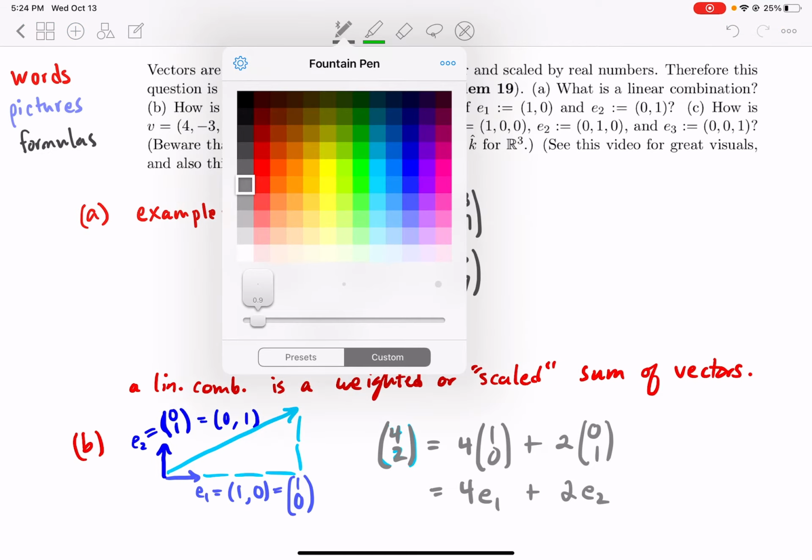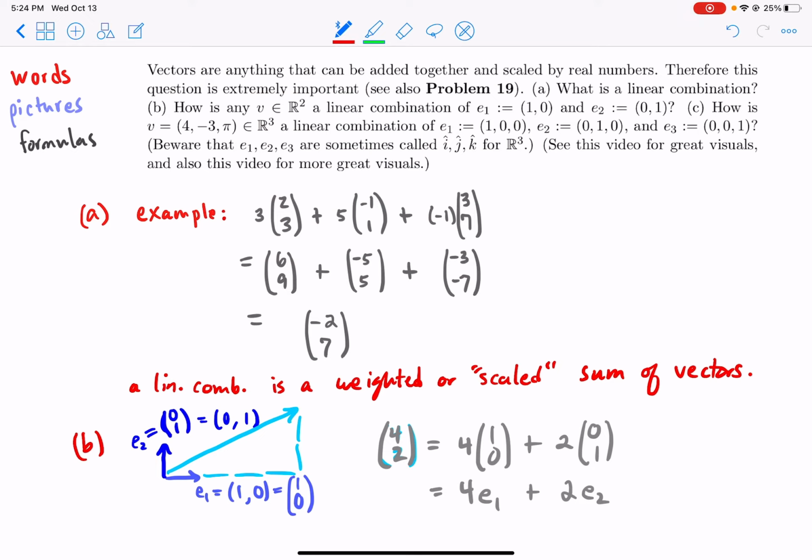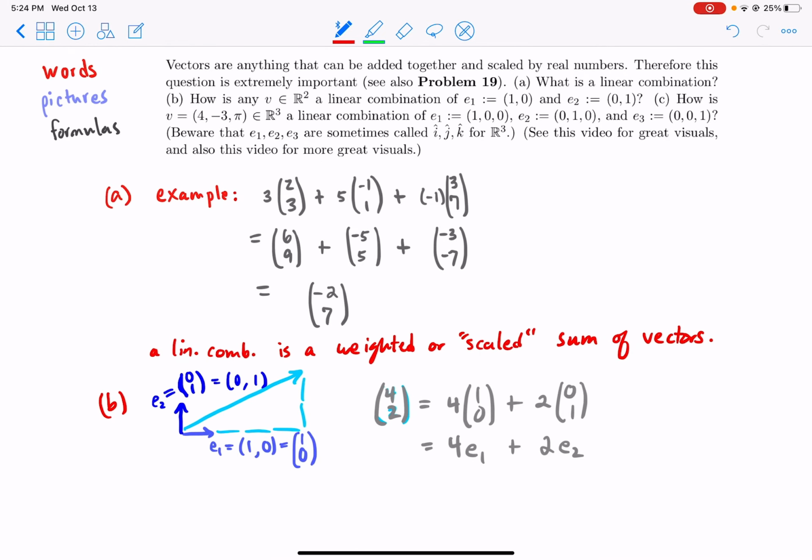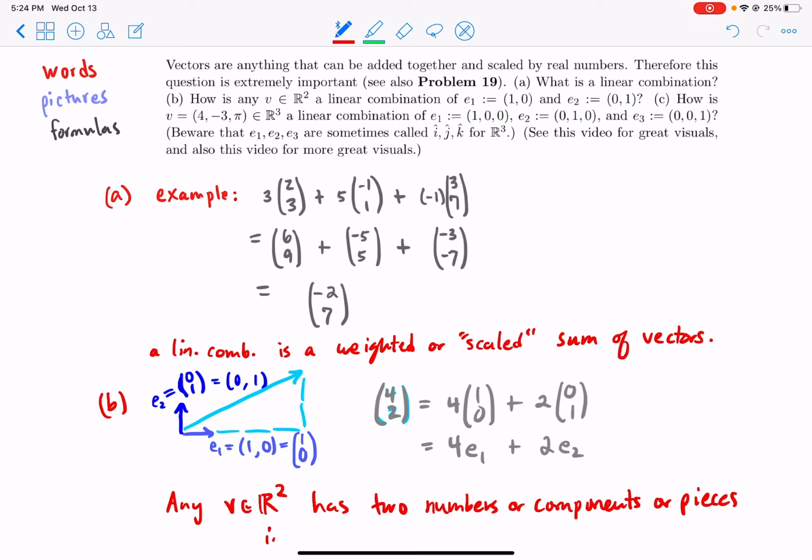Okay. So now after a picture and formula, I can say in words, any v in R2 has two numbers or components or pieces in the directions e1 and e2.